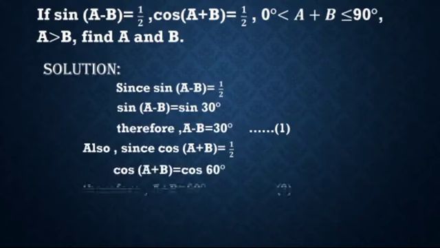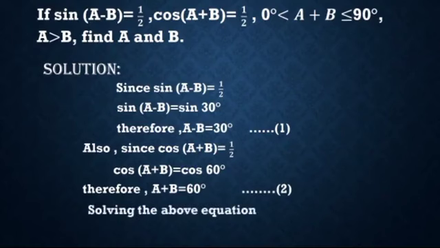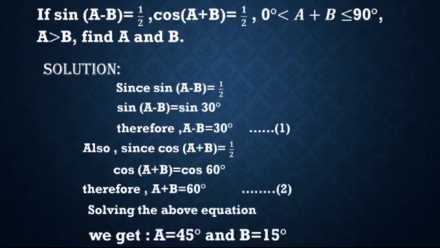Therefore, A plus B is equal to 60 degrees. This is equation 2. We get A equal to 45 degrees and B equal to 15 degrees.